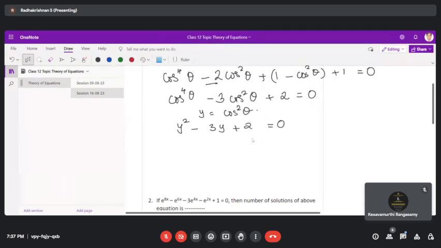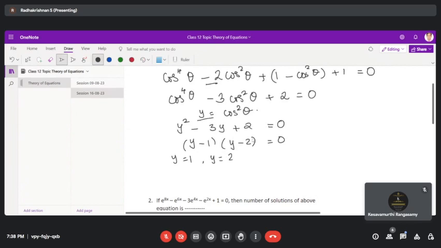So others, do you all agree? Yes, sir. Y minus 1, y minus 2. Minus 1 into minus 2 is 2. Minus 1 plus minus 2 is minus 3. So that means y equal to 1, y equal to 2 are the two solutions.